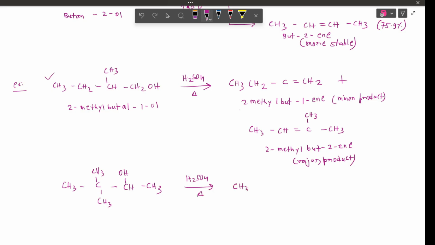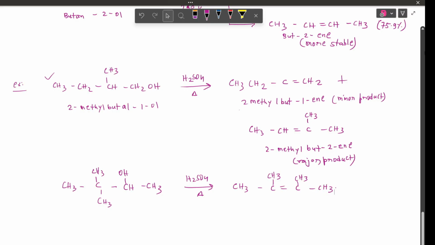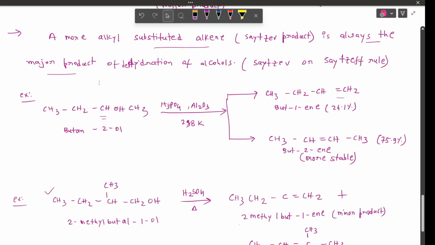And it will give CH3, C, CH3, double bond C, CH3, CH3. Okay. So let us have our final revision about Saytzeff's rule.